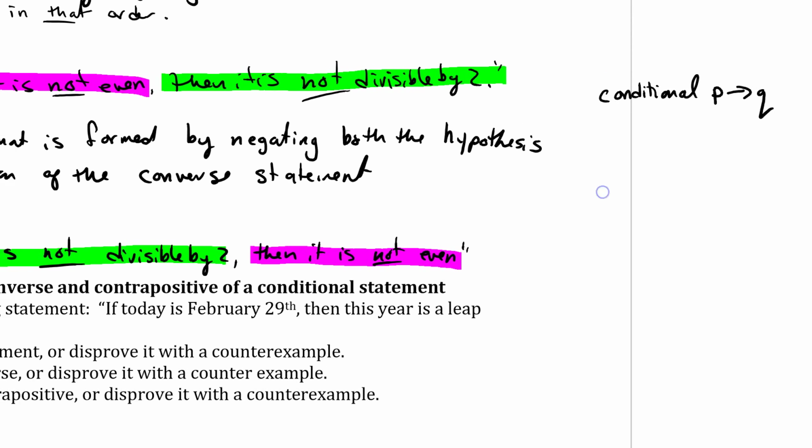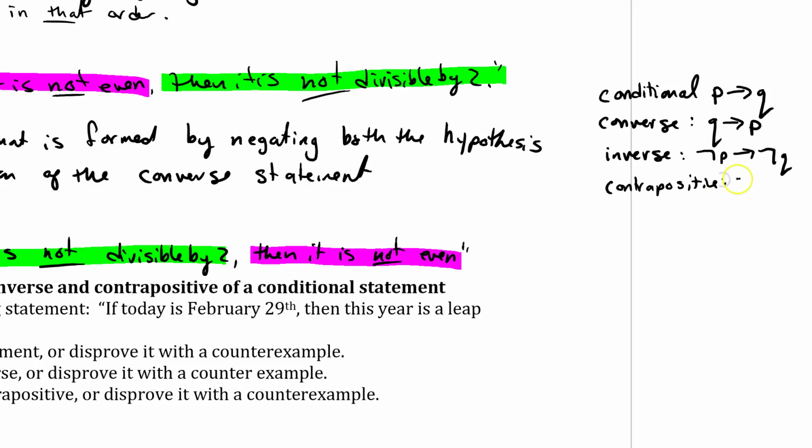Converse is Q implies P. Inverse, not P implies not Q. And contrapositive, not Q implies not P.